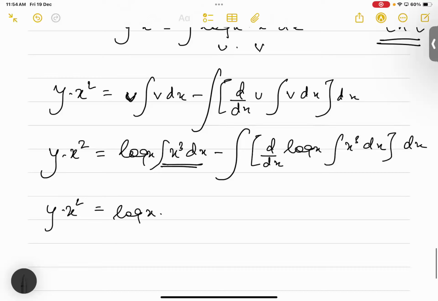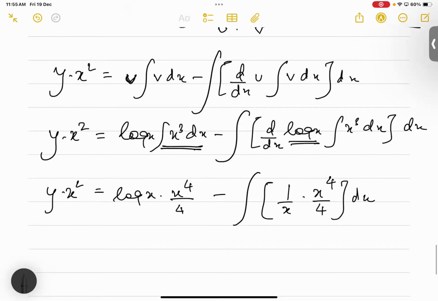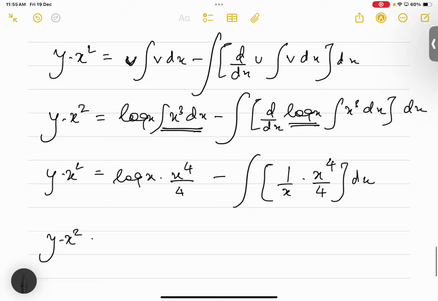Guys, what is the integration of x cube? Anyone? n plus 1 upon n plus 1. Okay, it's not like derivatives. What is dy dx of log x? 1 upon x. And this is x raised to 4 upon 4 dx. y into x square, x raised to 4 log x upon 4 minus 1 by 4 outside, x cube.